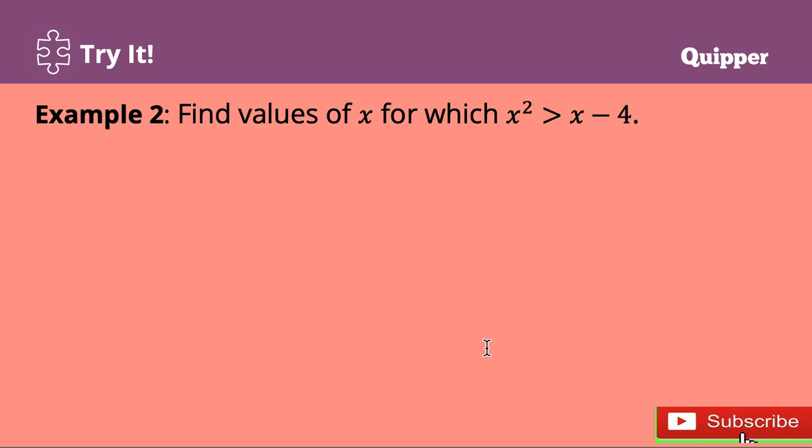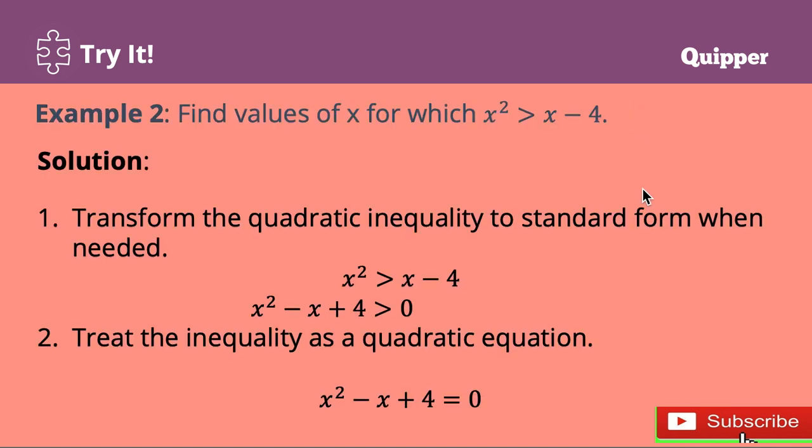Example number 2. Find the values of x for which x squared is greater than x minus 4. First thing to do is we are going to transform the quadratic inequality to standard form when needed.